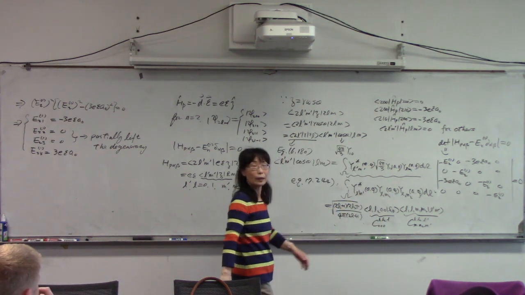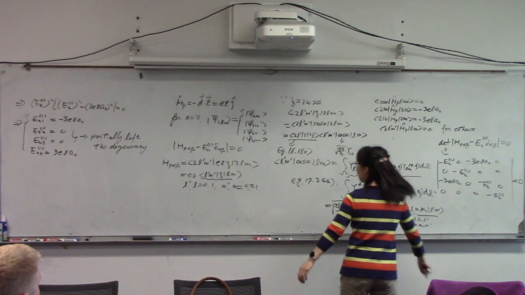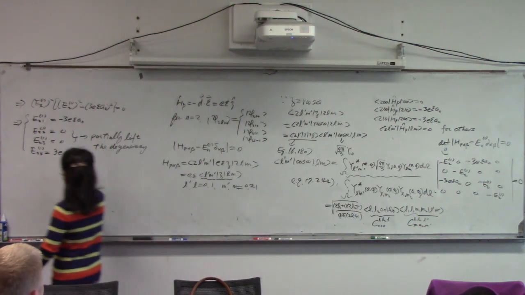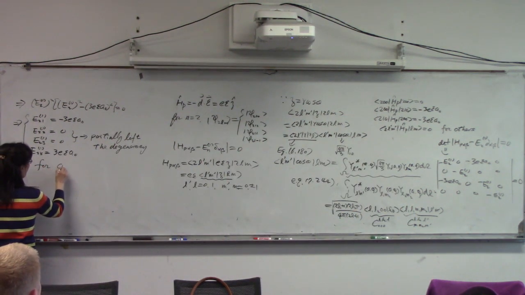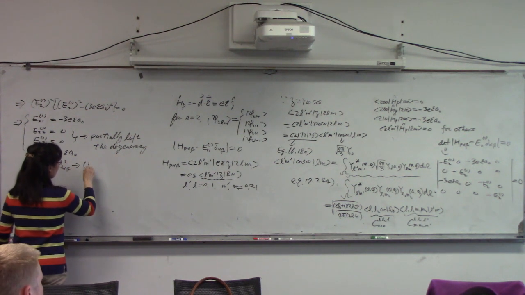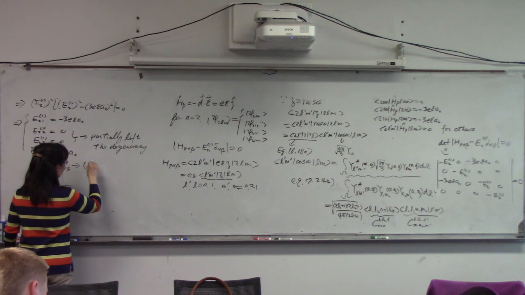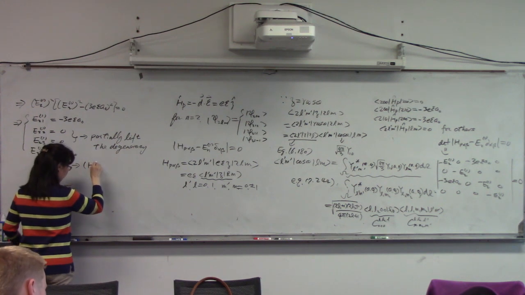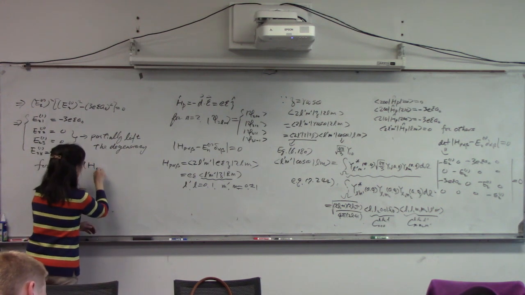I want to save time. So for the alpha, for this, 2 alpha beta, just solve this. Matrix P, right?